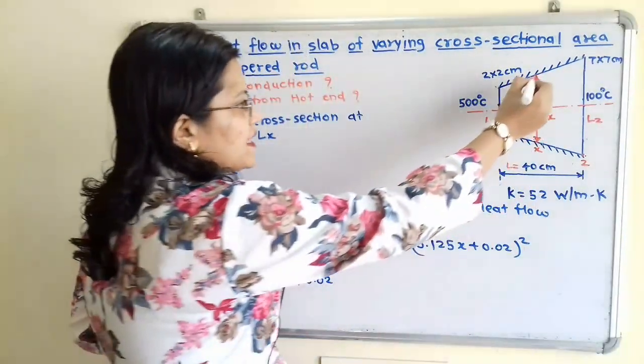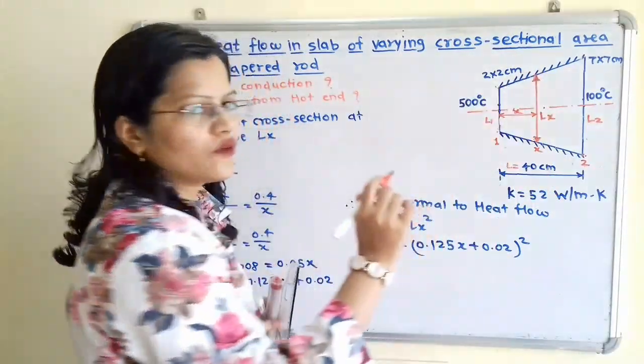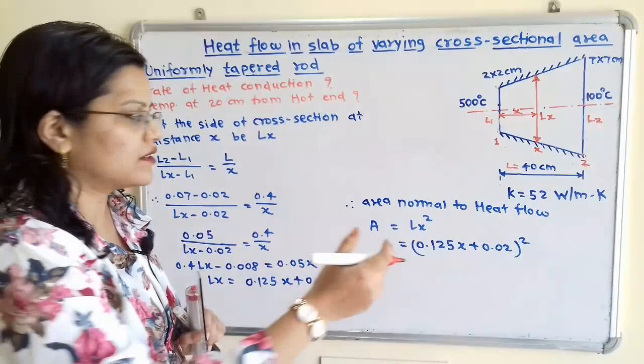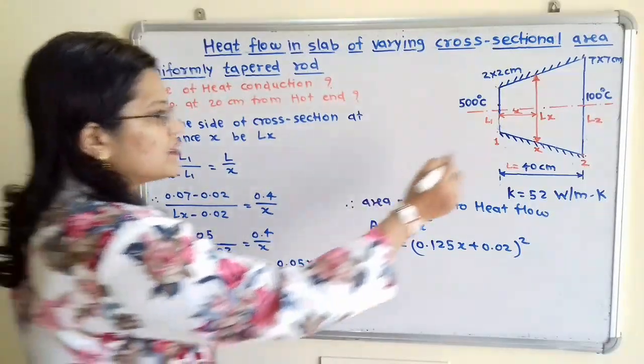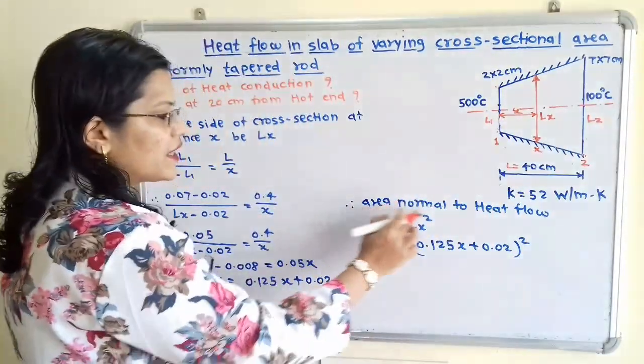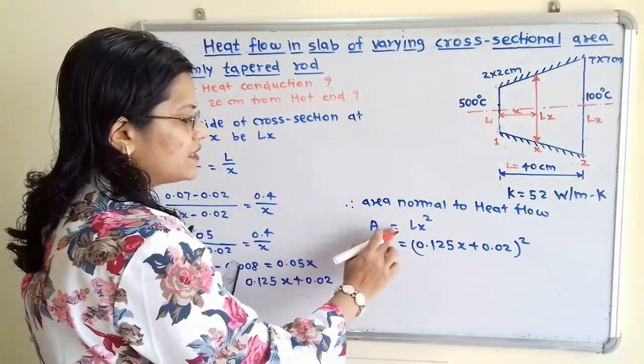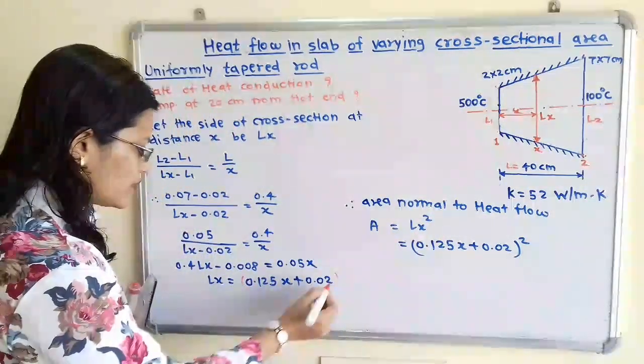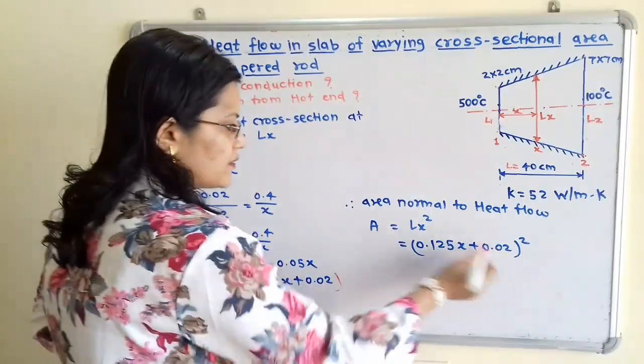Now what is the area for this square cross-section? We know that the area of a square is the side squared. So we have to take the square of Lx. So the area normal to heat flow, A, is equal to Lx squared. Lx, that means this bracket, so we will take this bracket squared.